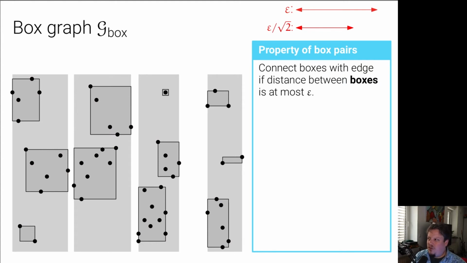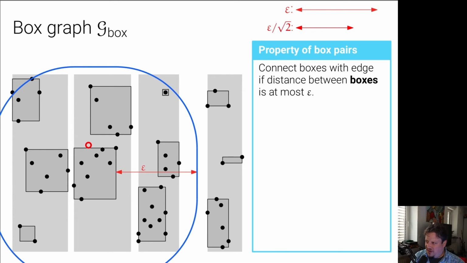Okay, so now we finally get to the concept of the box graph, which is we're going to make a graph on these boxes. And the definition is as follows. We connect boxes if the distance between the boxes is at most epsilon. So how does that work? Let's take this box, for example, and then I have distance epsilon. So over here by the side of the box, the boundary is straight.